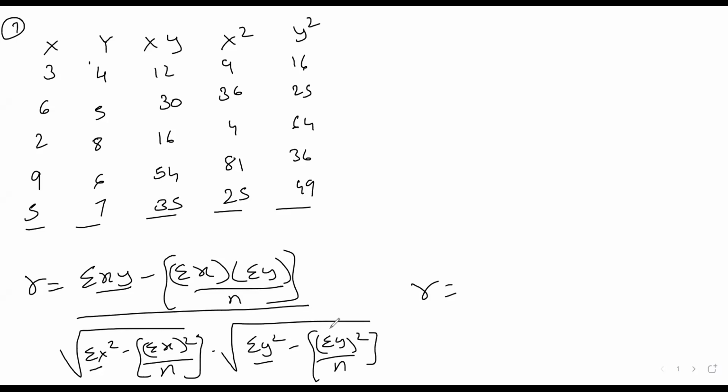So the total of all the values: summation x is 25, summation y is 30, summation xy is 147, summation x square is 155, and summation y square is 190.